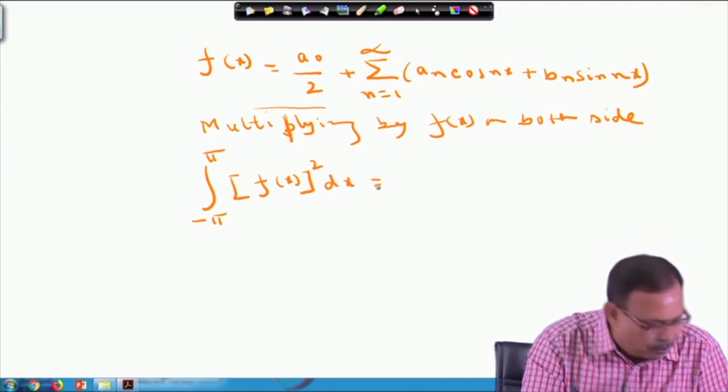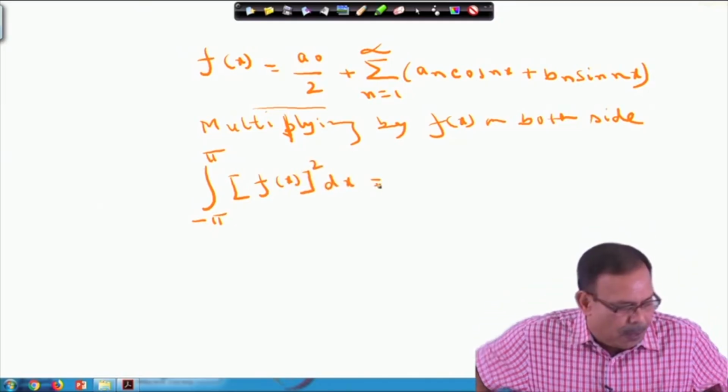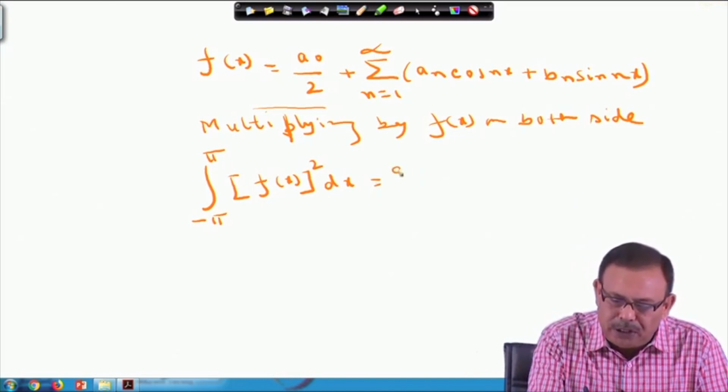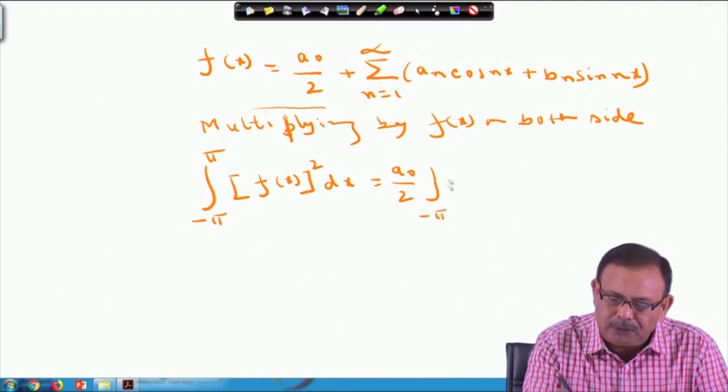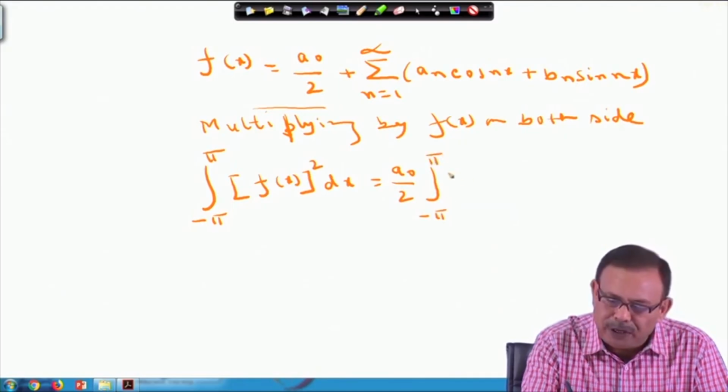This is equal to a0 by 2, which will come outside, a0 by 2 into the integral from minus pi to pi f(x) dx.